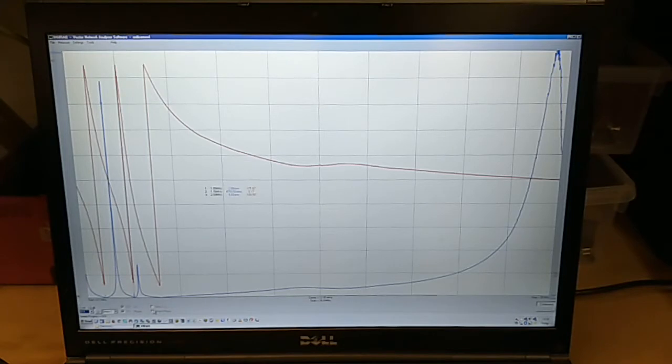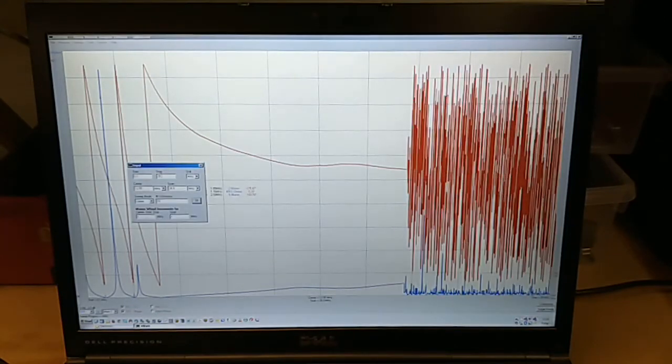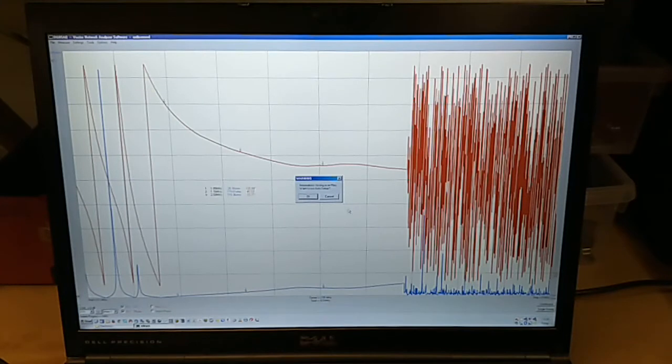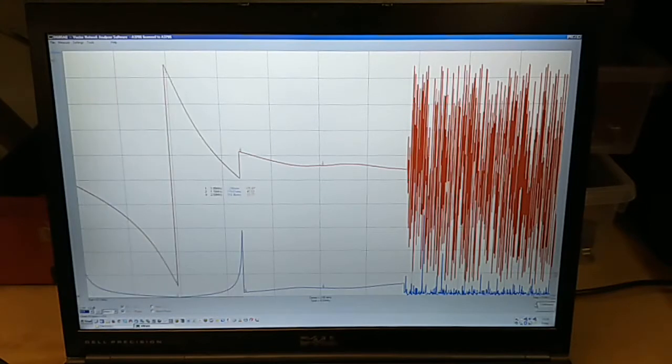Of the transmitter. So what we're going to do now is, I'm just going to stop that. We're going to take a more detailed look. So if I reduce that to 5 megahertz, let's sweep again.